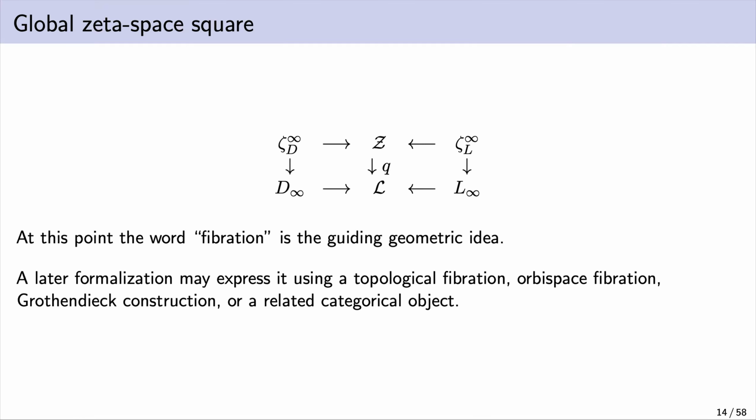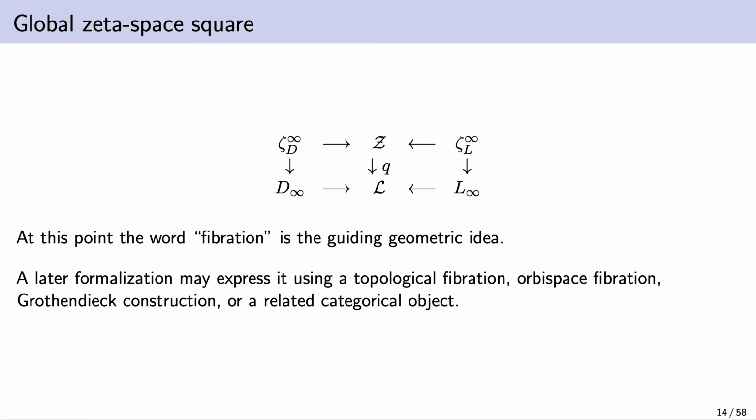Fibration is the guiding idea here, but it may be expressed in different ways going forward, such as topological fibration or an orbit space fibration, Grothendieck construction, or related construction.